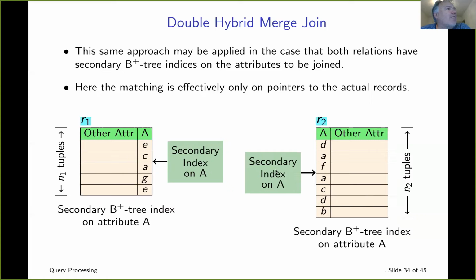I'm not sure how often this will come up, but actually it will come up quite a bit if you think about it. If you're merging on an attribute that is certainly not a clustering attribute, so you build a secondary index on it in both tables, but you want to do a join across both tables, then you're going to get this kind of strategy.